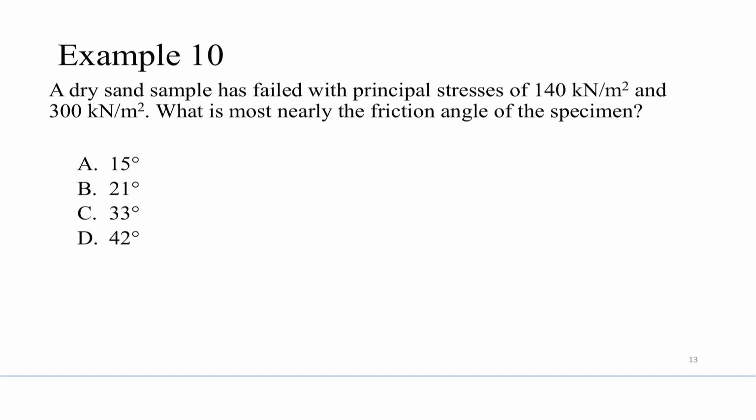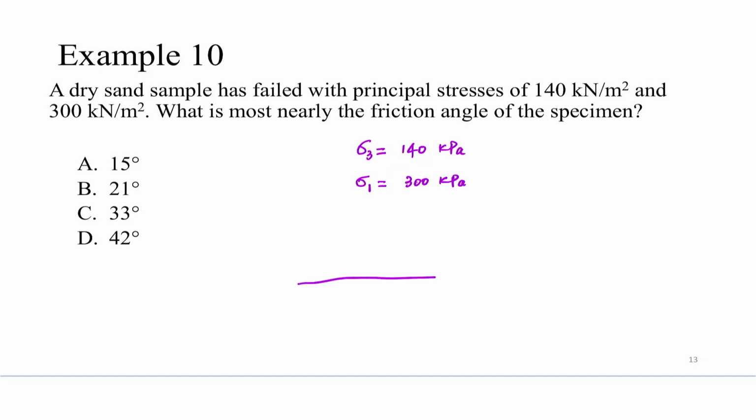But whenever you see we have principal stresses, the problem tends to become a lot easier. We have two principal stresses. We would usually use the smaller one as sigma 3, which is this 140 kPa over here, and the larger one is sigma 1, that is 300 kPa.